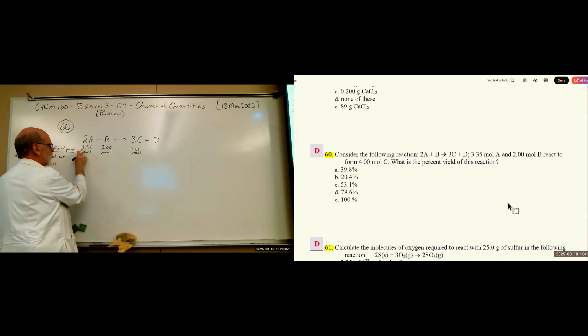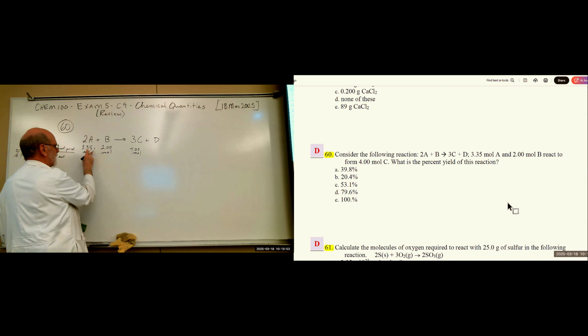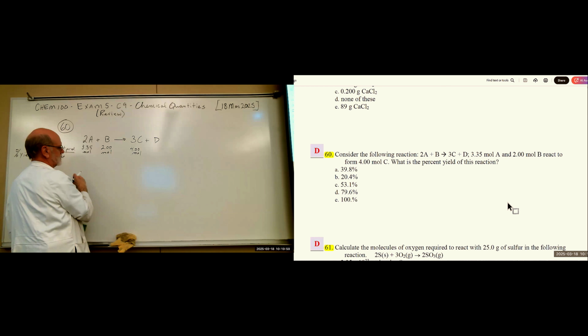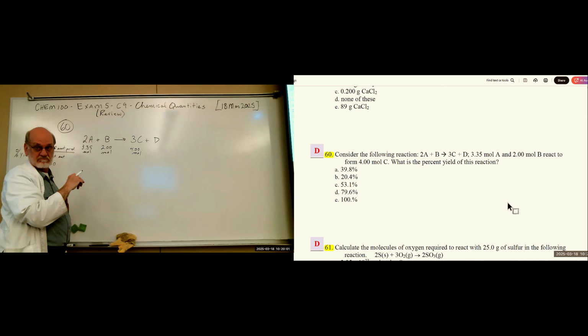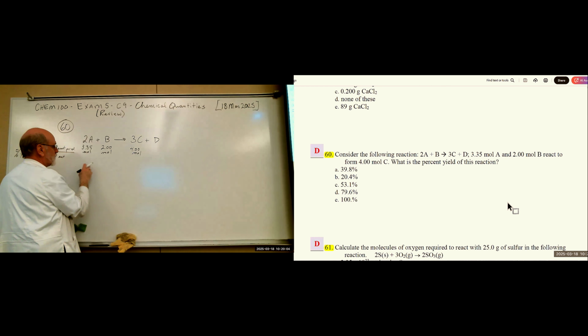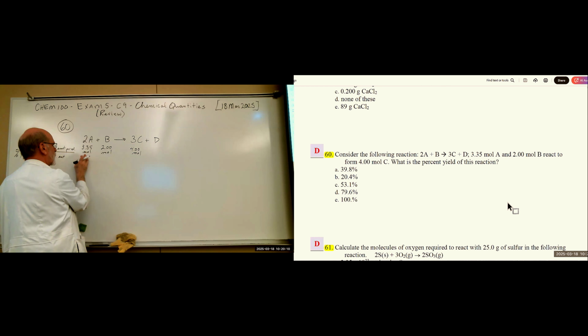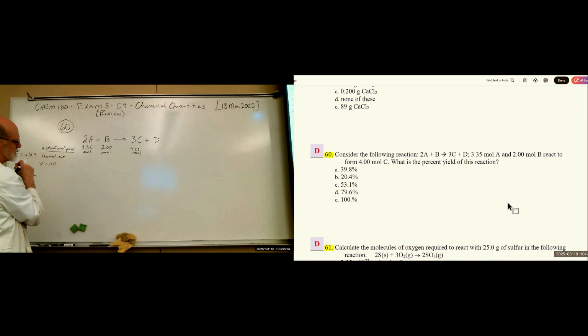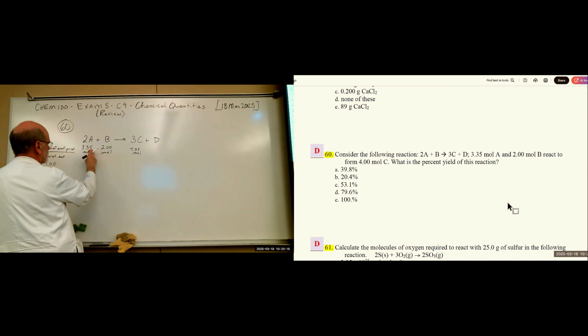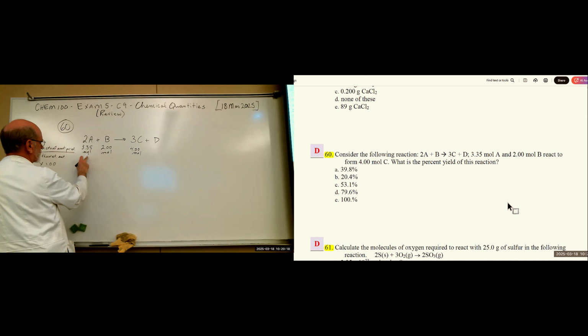So if we had 3.35 moles of A, we would need 6.7 moles of B. If we had 2 moles of B, then we would need 4 moles of A. Yeah, 1 to 2. So A is going to run out.